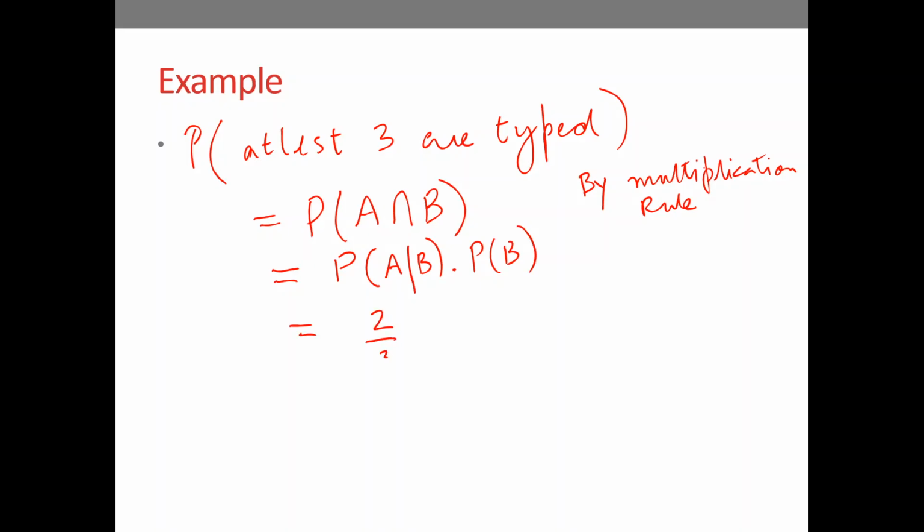I already have the values, which is 2 over 3 times 3 over 4, which is 6 over 12, which is 1 over 2.